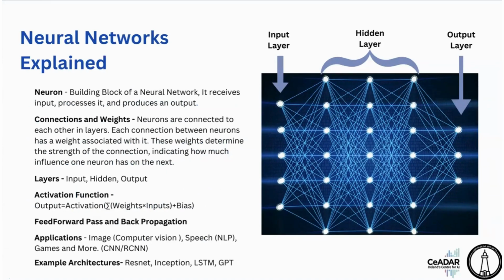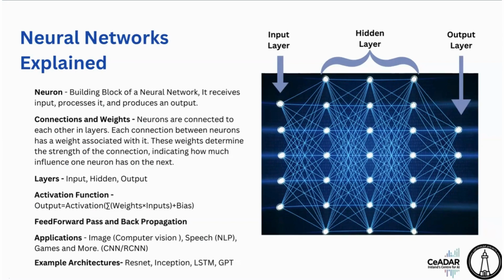As I said earlier, there are three different layers: the input layer, the hidden layer, and the output layer. The input layer is where we give our input, and in the hidden layer a lot of computation is processed, for example the feed forward pass and back propagation. Finally, using an activation layer, we get the output layer.